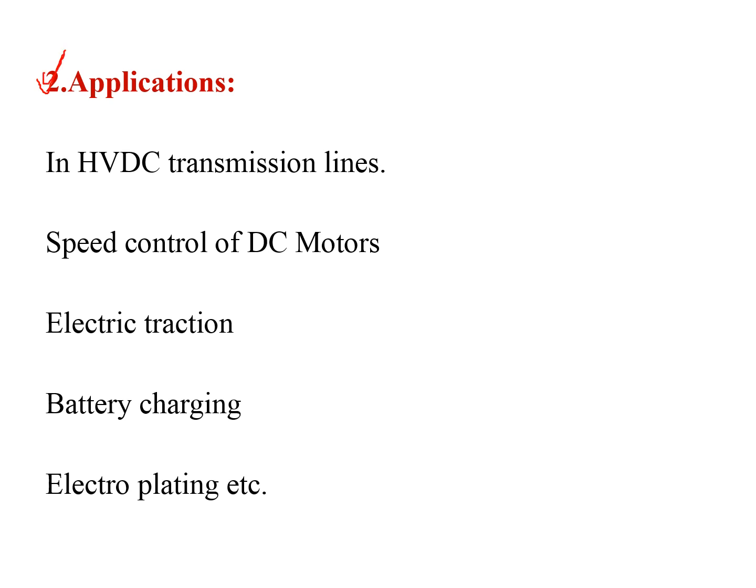Coming to the second concept, that is applications of rectifiers. We can find a wide range of applications, but these are some of the major ones. The first one is HVDC transmission lines. At the generating stations we generate AC voltages.